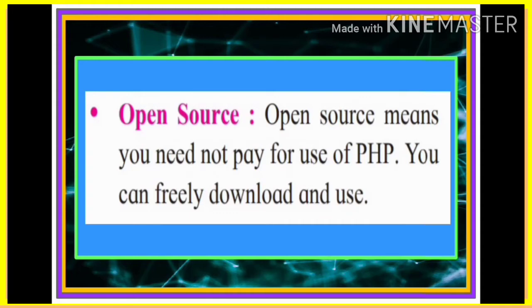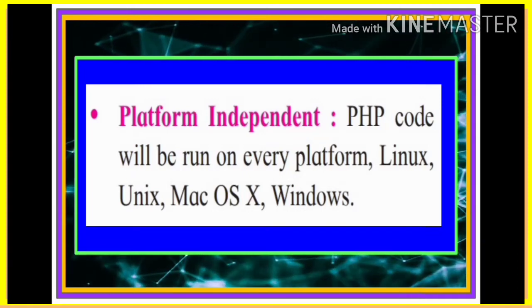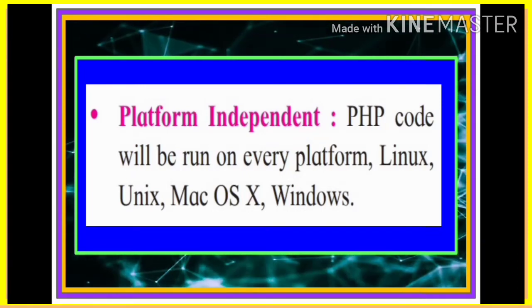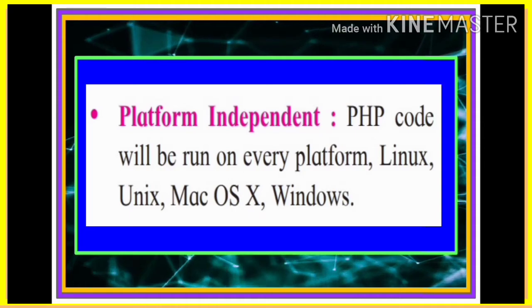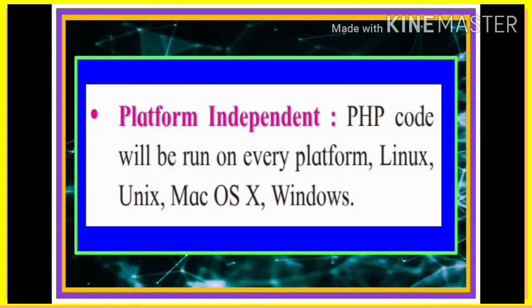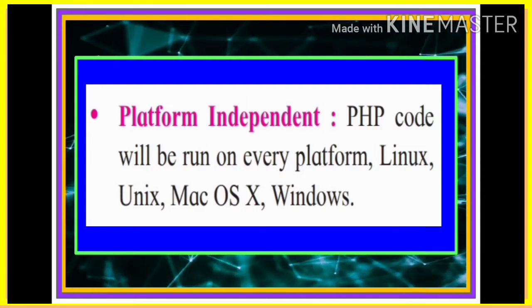You can freely download and use it. Next feature is platform independent. PHP code will be run on every platform, that is operating system, for example Linux, Unix, Mac OS X, Windows, etc. Means PHP supports all the operating systems. So it is a platform independent language.